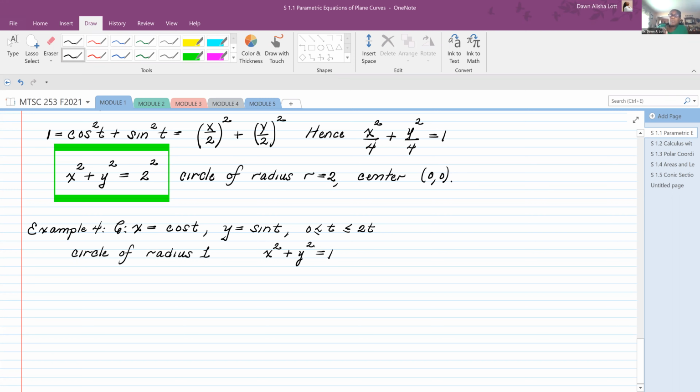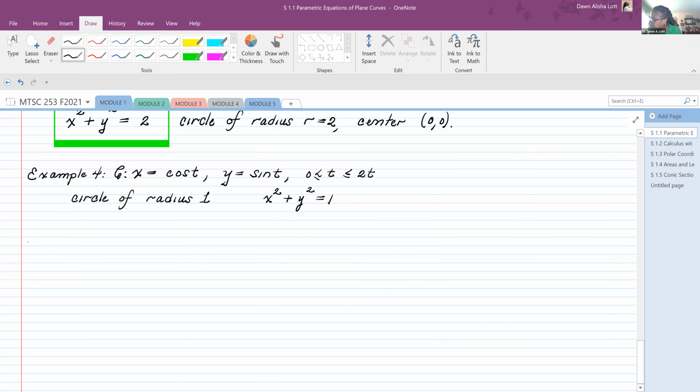Let's try something a little bit more difficult. Okay, so here's my curve. x of t is going to equal 1 minus t squared divided by 1 plus t squared.